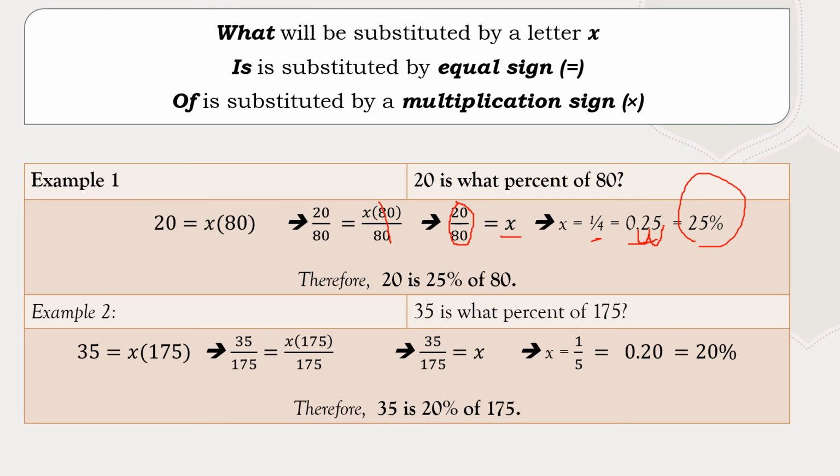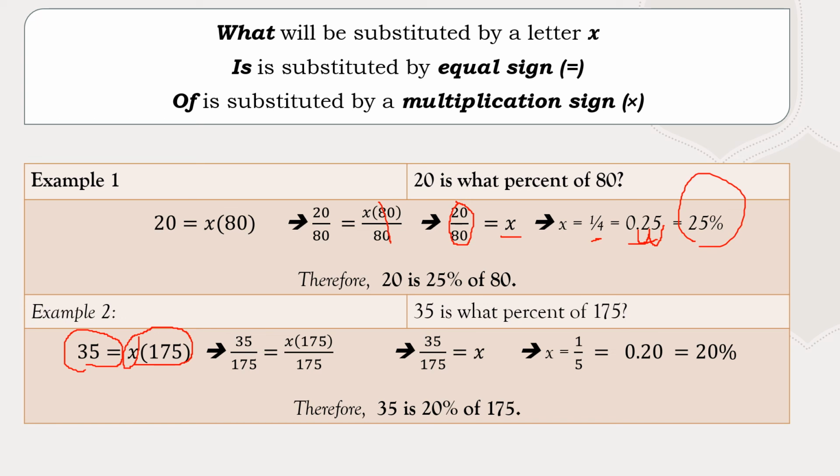Another example: 35 is what percent of 175? So 35 for the equal sign, and then what is the x, the unknown, and then "of what percent" is 175.